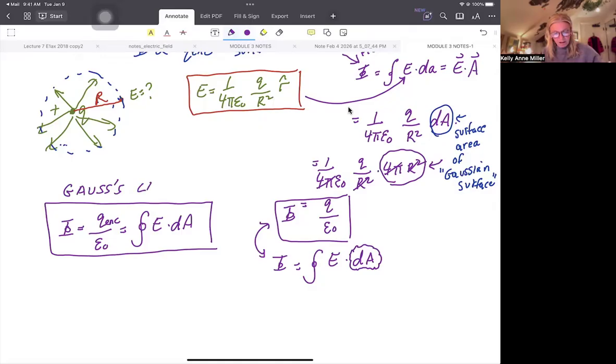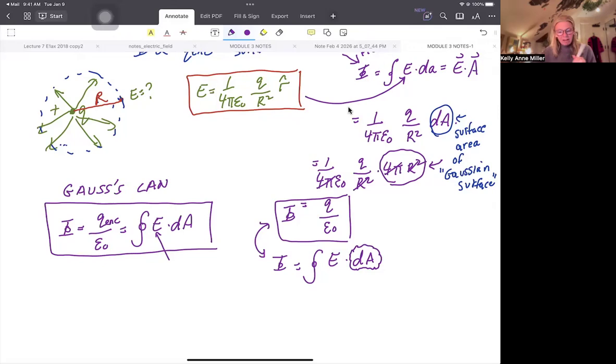So this is a really powerful thing because it allows us to find the electric field of complicated configurations of charges without having to use complicated calculus. Okay, and again, by manipulating symmetries.